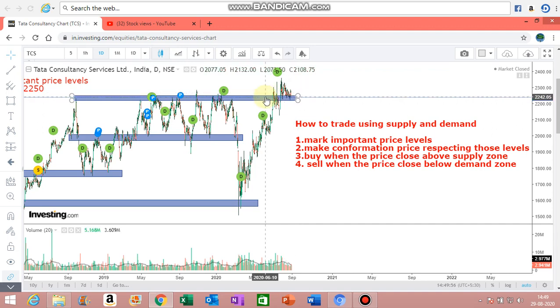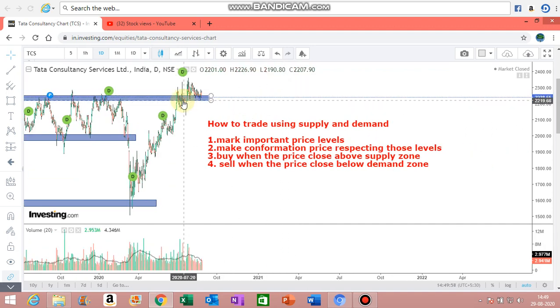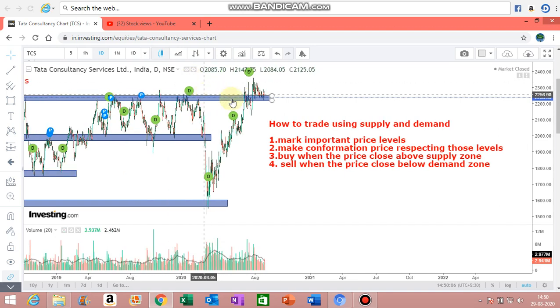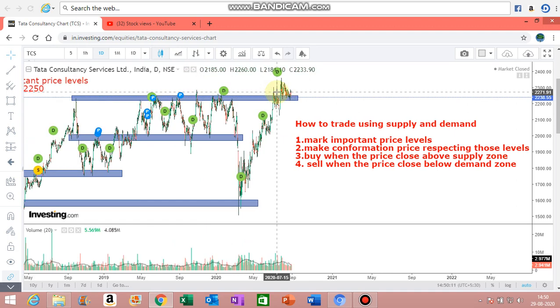If you enter the trade when the price has broken, you are an aggressive trader. When the price is again retesting the demand zone, when you buy at that time, you are a conservative trader. Conservative traders always wait for the confirmation. So the second time the price is testing the demand zone.